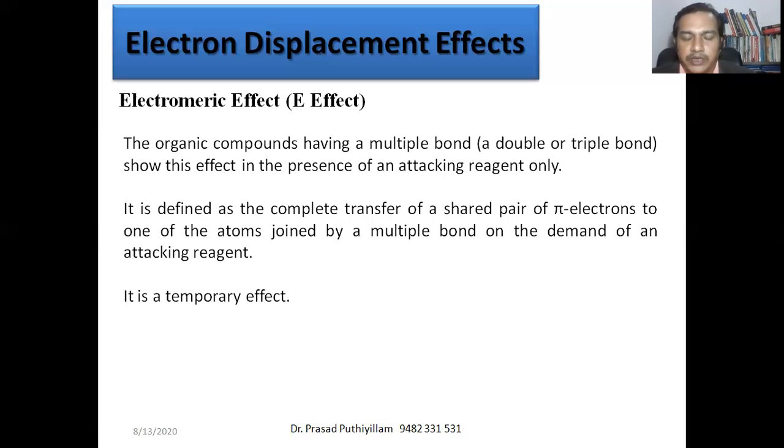The resonance effect is due to the presence of a conjugated system. Conjugated means alternate single and double bonds, or even lone pair cases. Electromeric effect is when there is a multiple bond, that is a double bond or triple bond, present in the presence of an attacking reagent. There will be a complete transfer of the shared pair of electrons. So this is a temporary effect, only in the presence of an attacking reagent.